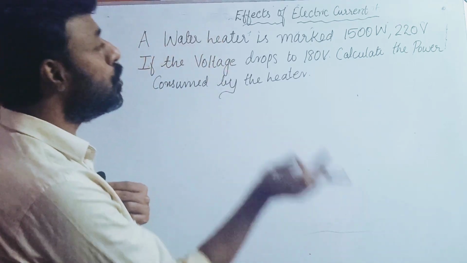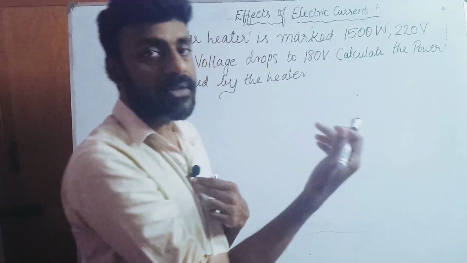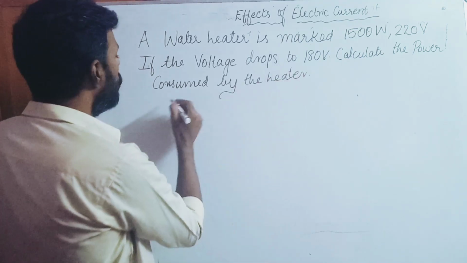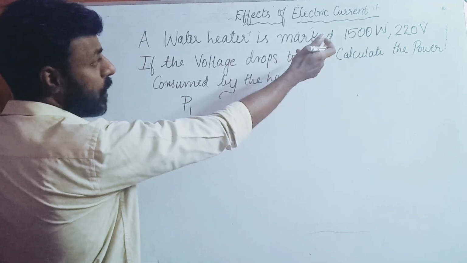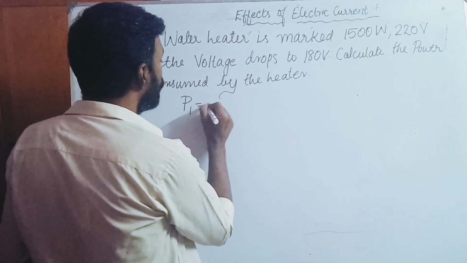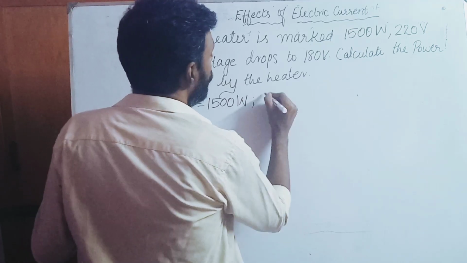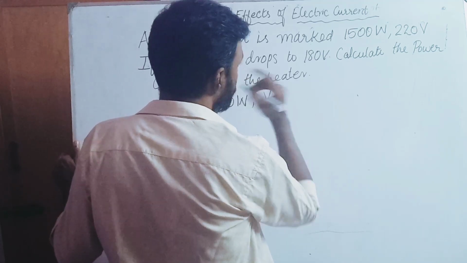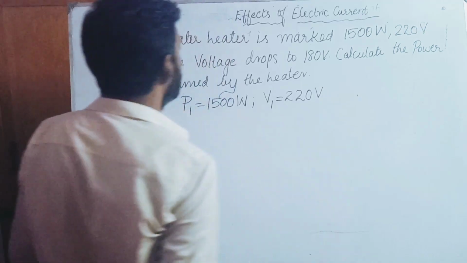Simple. We need to take two sets of values from this question. We need to extract the data and work out the problem. For the first set of values, we denote the power 1500 watts as P1, so P1 equal to 1500 watts, and V1 is 220 volts.